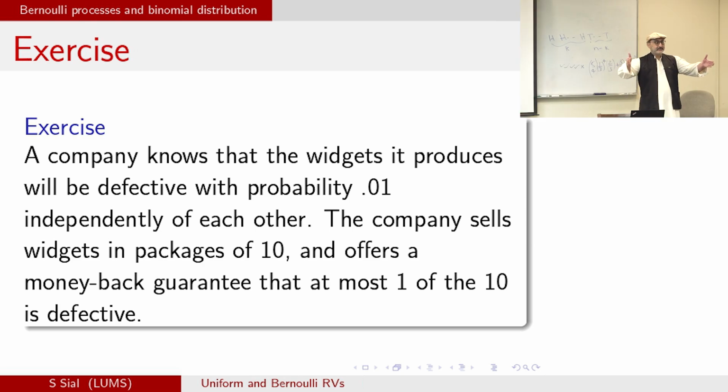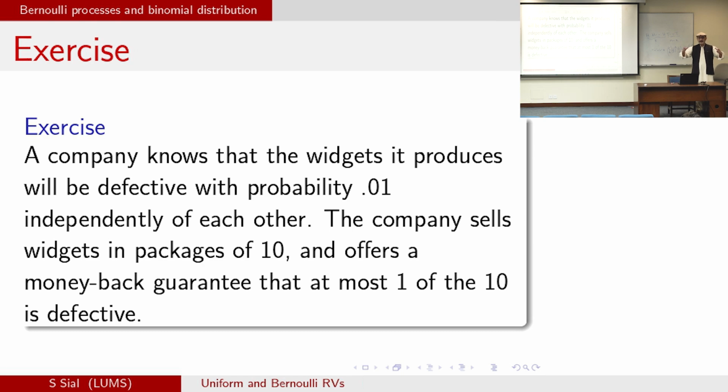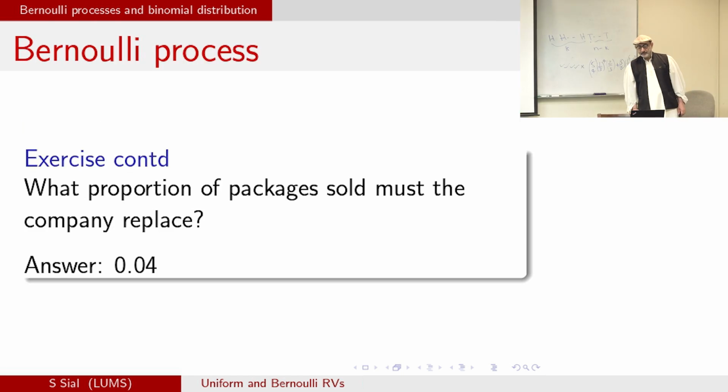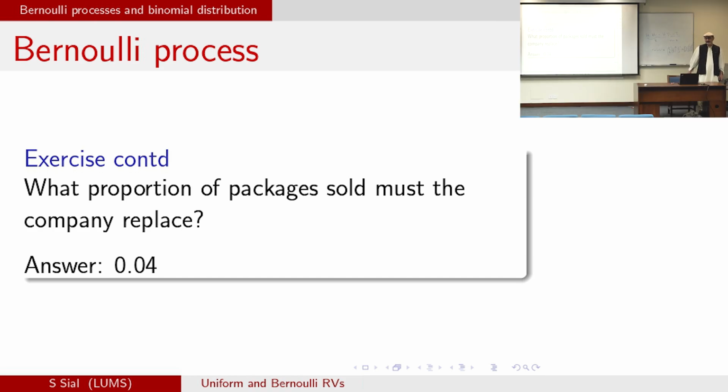You can buy packages of 10 widgets. We guarantee that at most one is defective. If you find more than one widget defective, we'll give you your money back. The probability of any one widget being defective is 1%. What proportion of packages sold must the company replace?